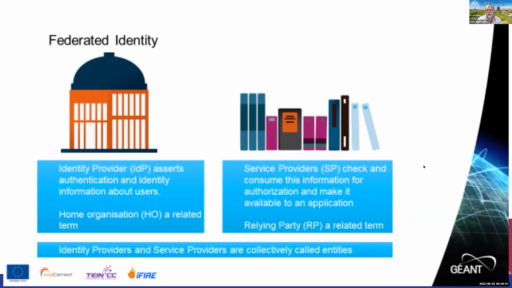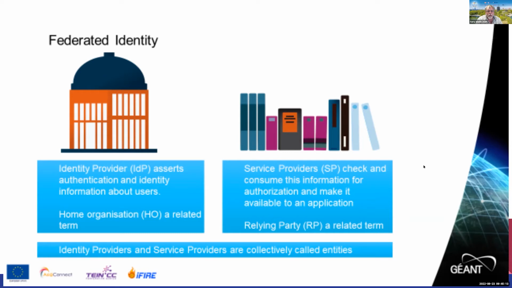And the relying party is just another term for service provider. So you've got the IDP, which is where the identity checking occurs, and the relying party that actually relies on that identity authentication occurring at the IDP.